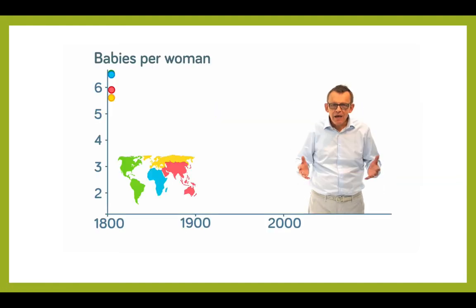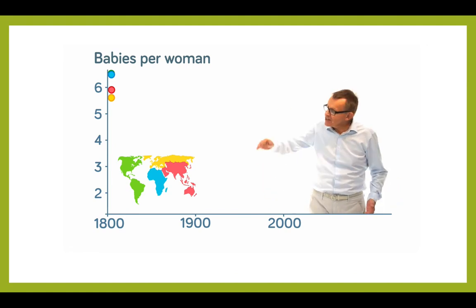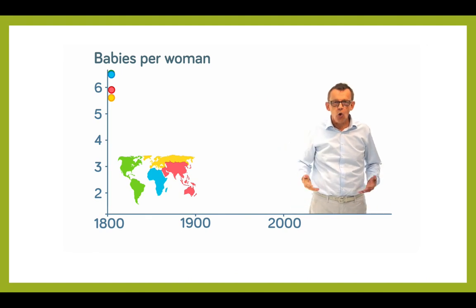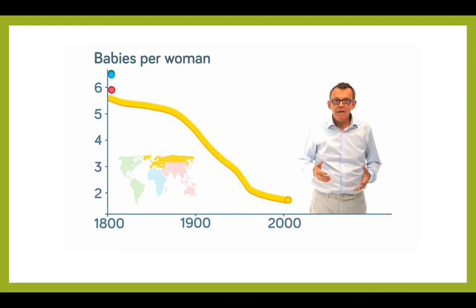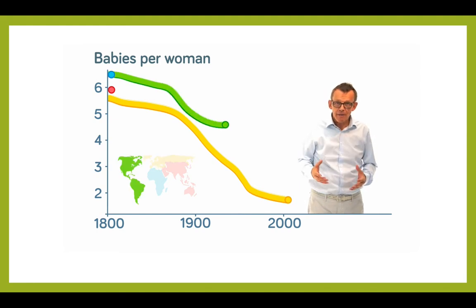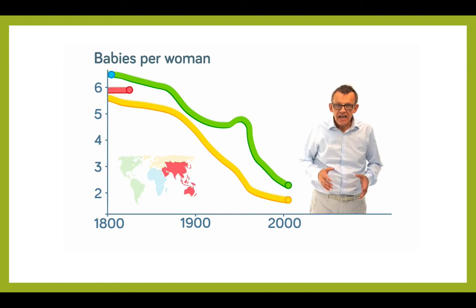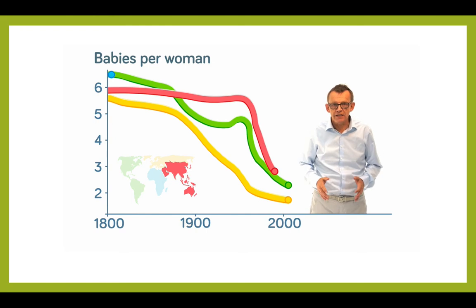The number of babies born per woman has dropped across the world. Back in the year 1800, it was about 6 babies per woman in all regions. Then Europe changed like this. America followed, had a baby boom after the Second World War, and then dropped like this. In Asia, that drop came late, but was very fast.